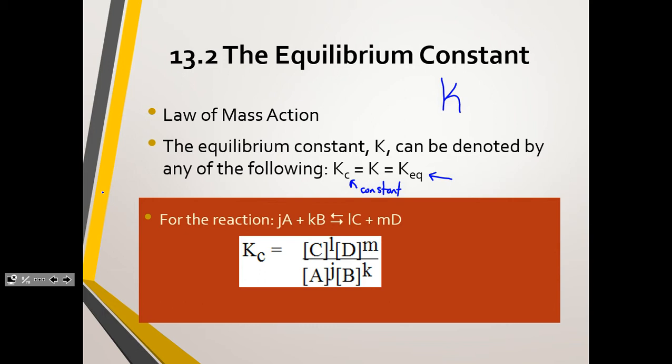What you'll notice is that we have products on top and reactants on bottom. Recall that brackets in chemistry indicate concentration or moles per liter. The exponents of each of the reactants and products are the coefficients of the reactant.